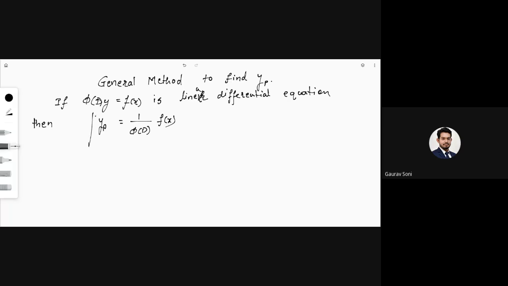So this is the crux of these two methods, the general method as well as the shortcut method. So yp will be given by this.